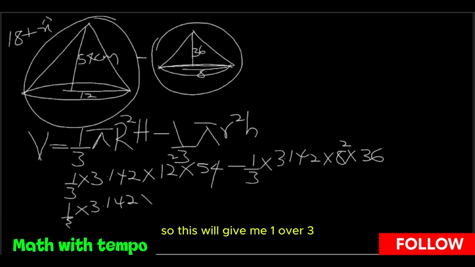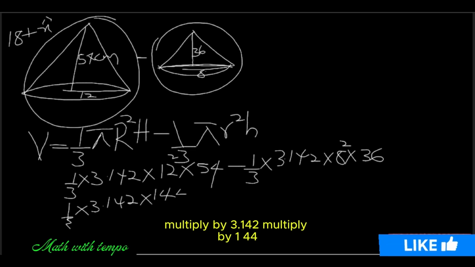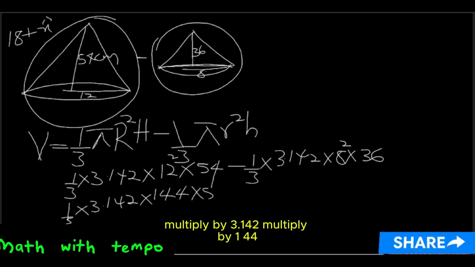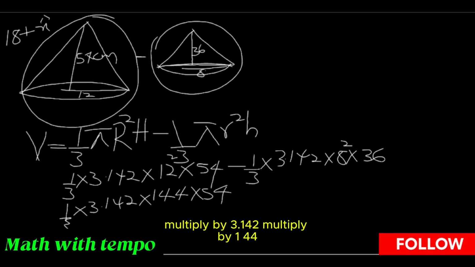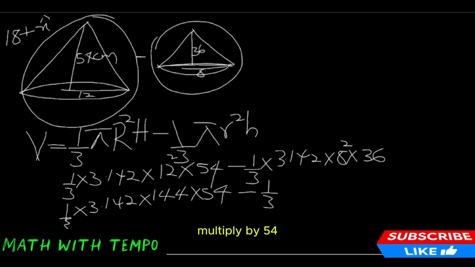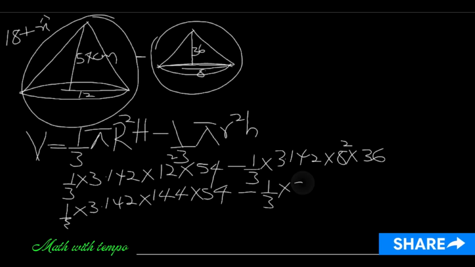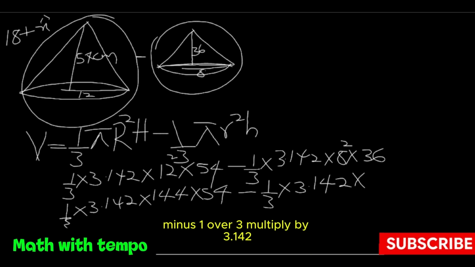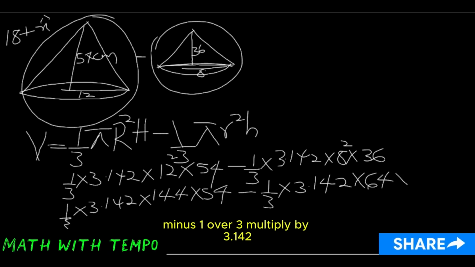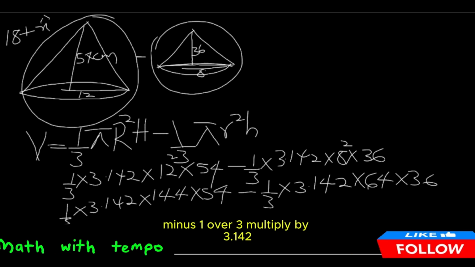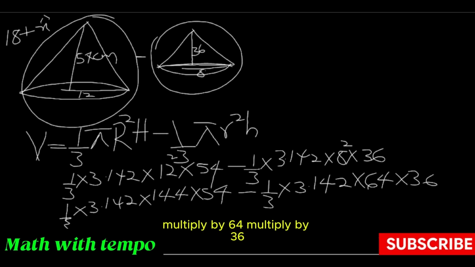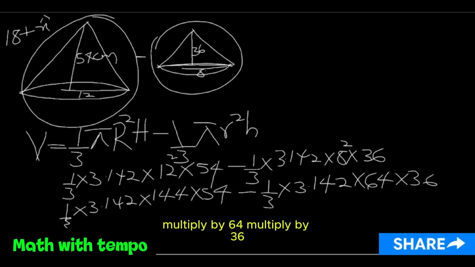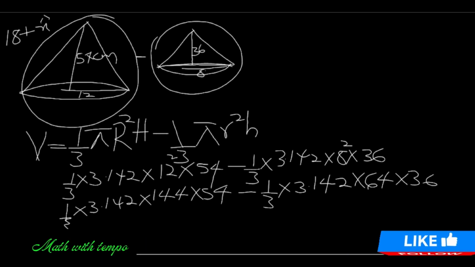So this will give me 1 over 3 multiplied by 3.142 multiplied by 144 multiplied by 54, minus 1 over 3 multiplied by 3.142 multiplied by 64 multiplied by 36.